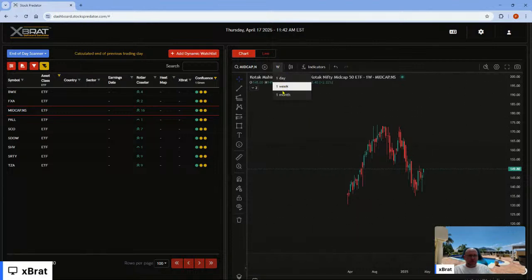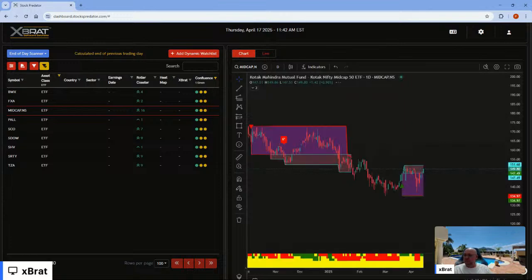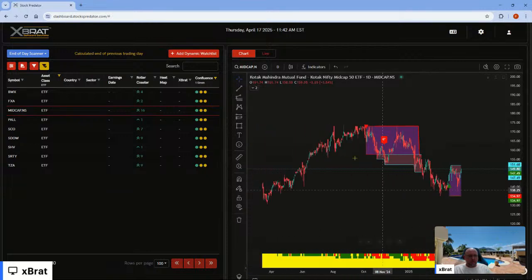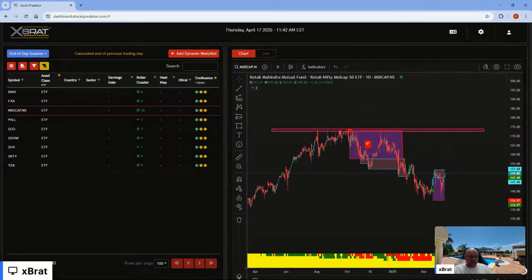Actually, let's go to the daily, see where we are on the daily. Just loading up the data. Okay. We can see these are the highs on this. So this is listed on the Indian stock exchange, an ETF.